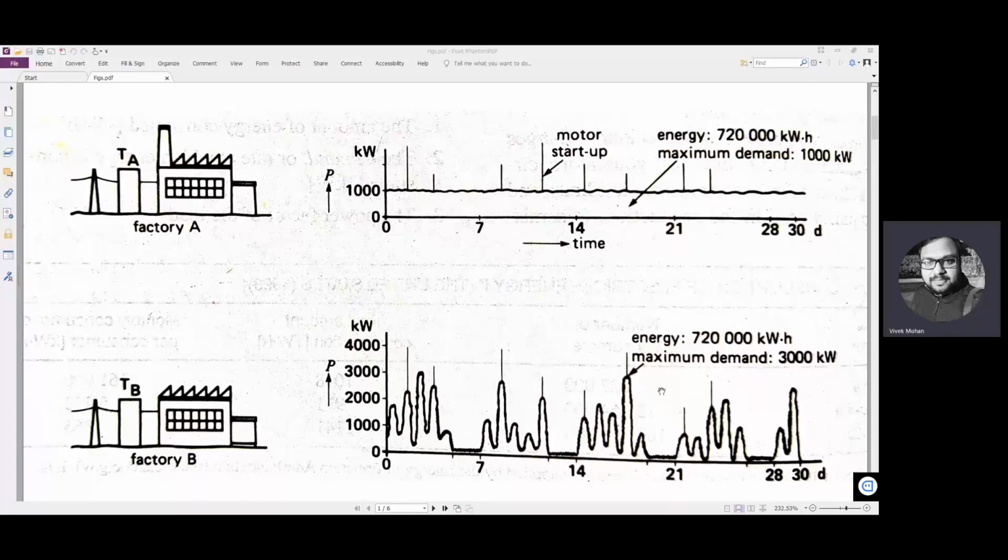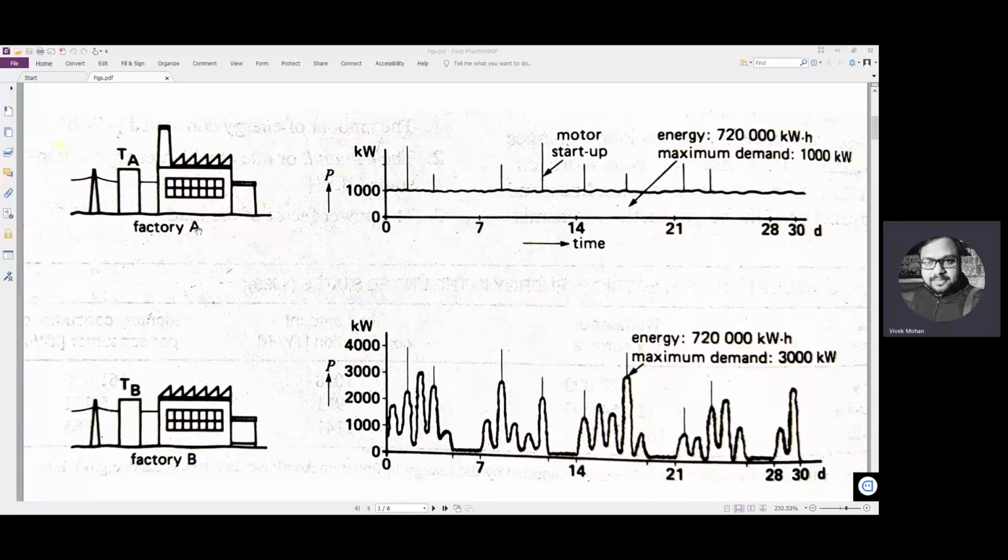So let's see how this is calculated based on this example where we have two factories, factory A and factory B, and the power versus time plot for both the factories is shown here.